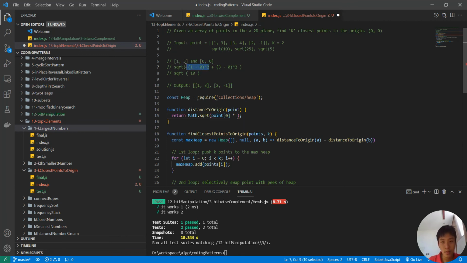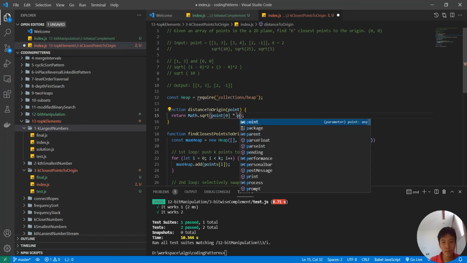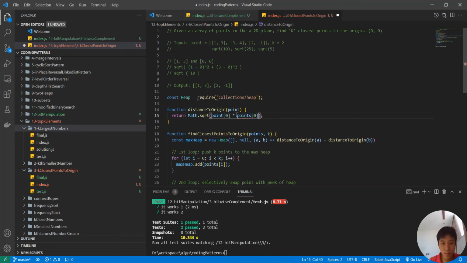The same here, this will plus the y coordinate of the point times itself.